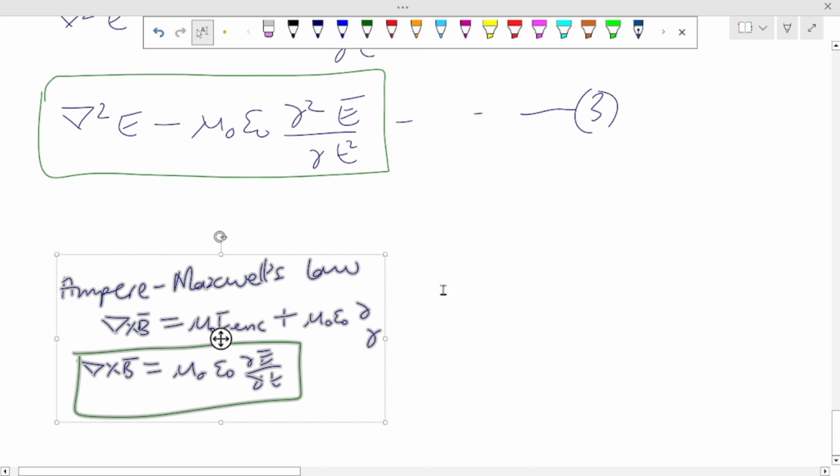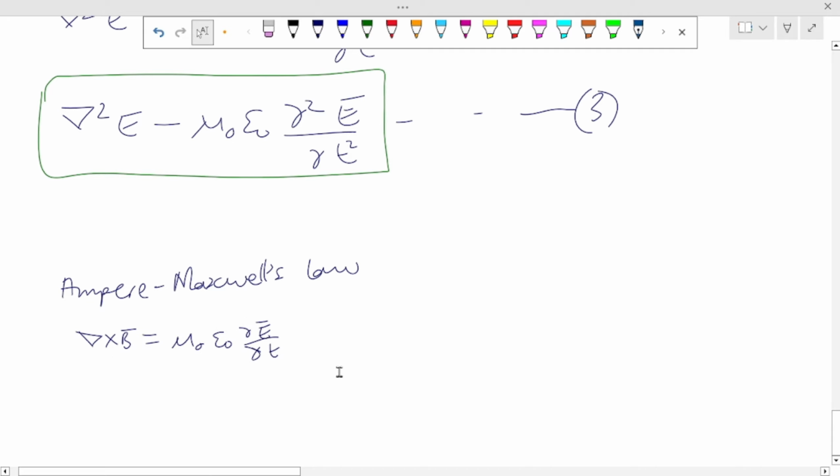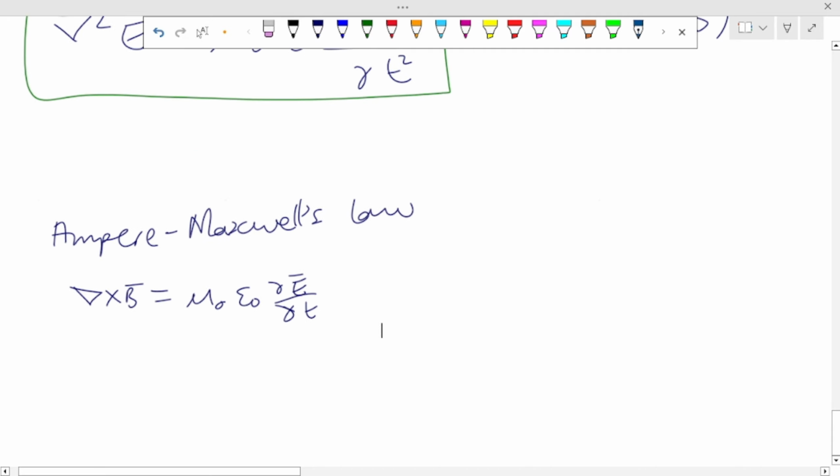But we don't need this. Don't need that. So from Ampere-Maxwell's law, what we'll do next is this.